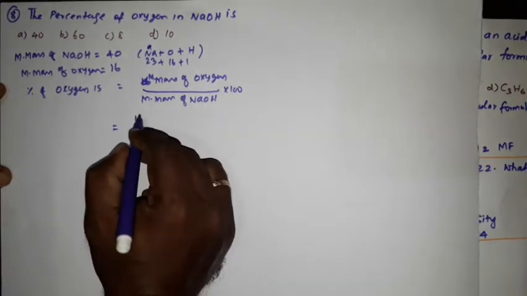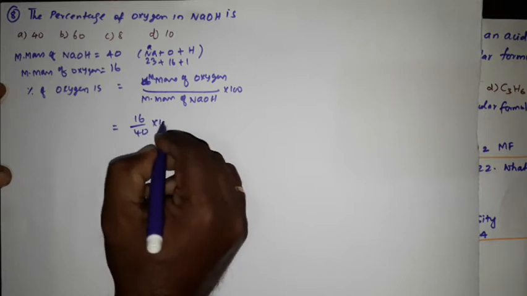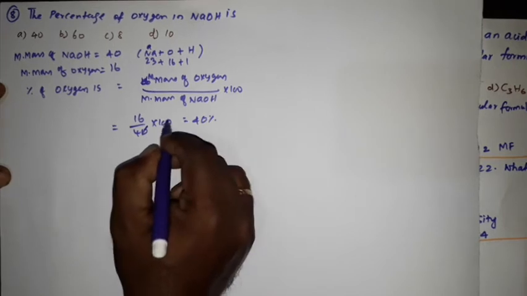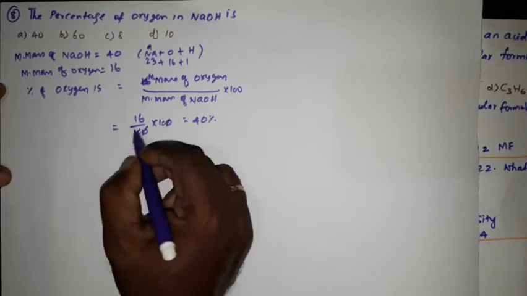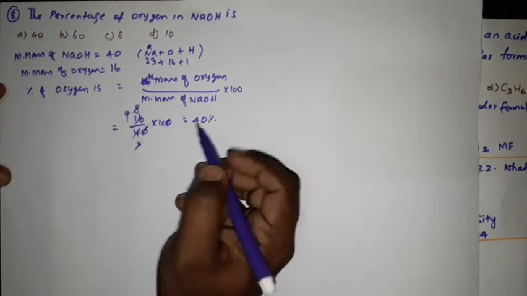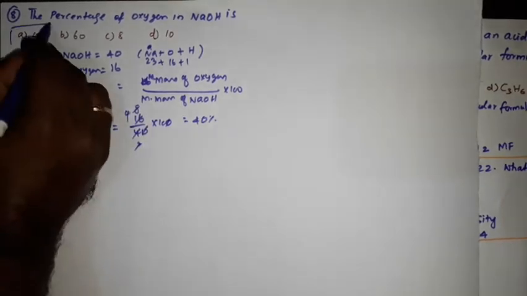So 16 by 40 into 100, we will get the answer 40%. So option A.